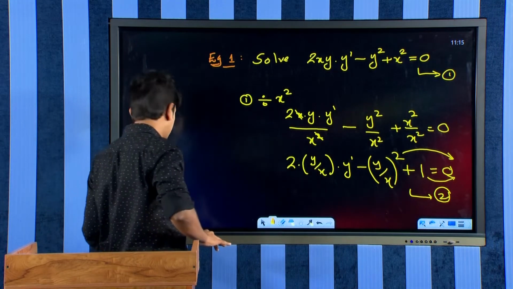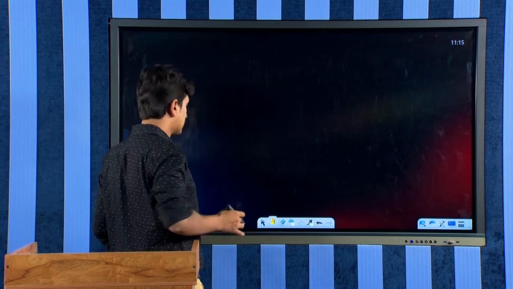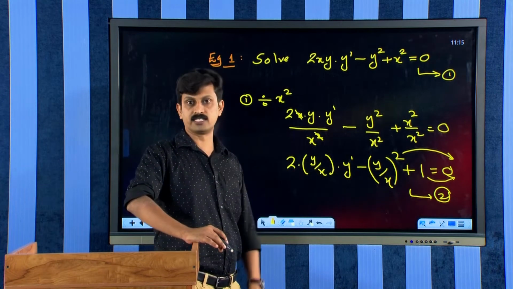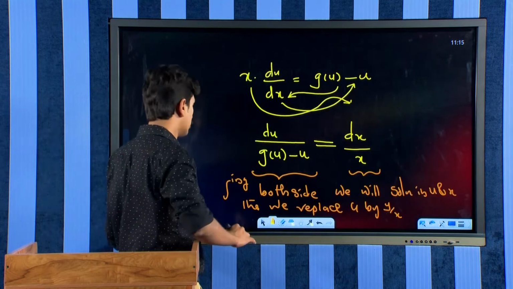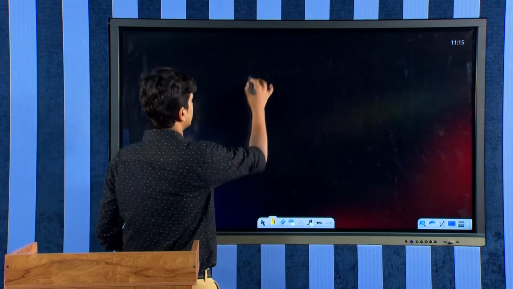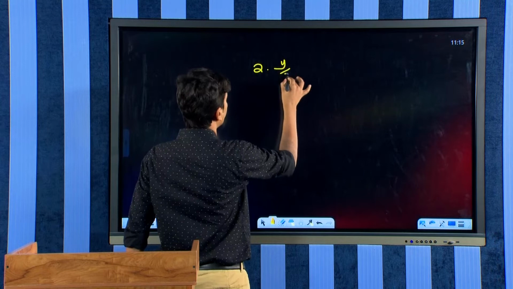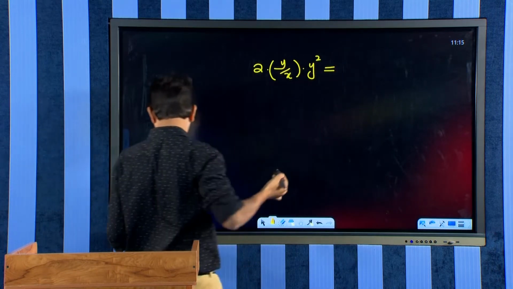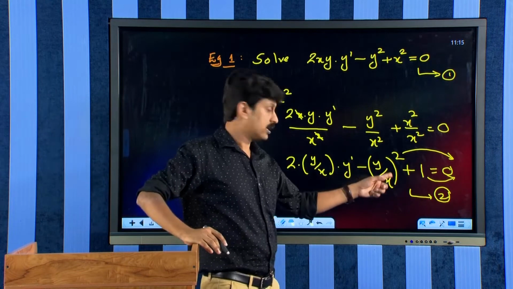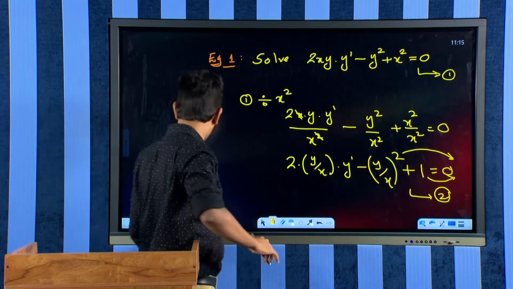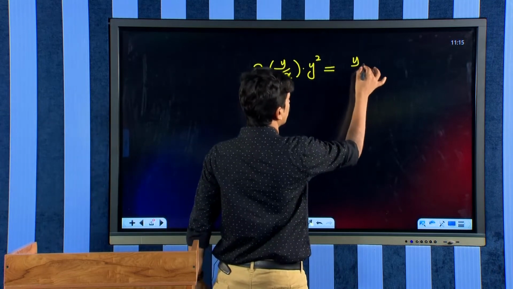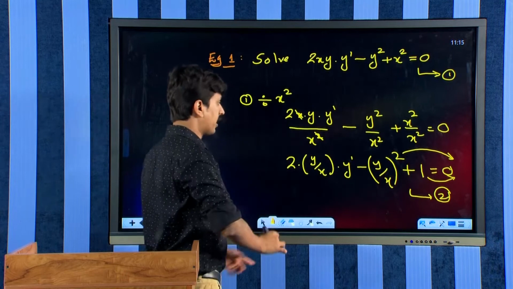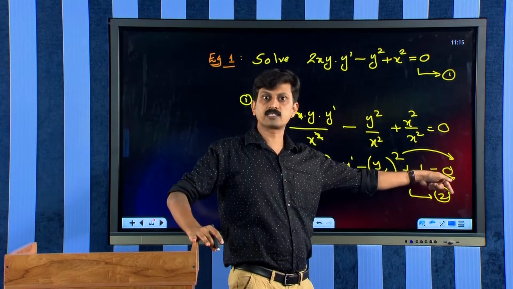So, we have 2 into y by x into y dash, which is equal to, taking y by x whole square to the other side, plus y by x whole square, and there is plus 1. While taking plus 1 to the opposite side in RHS, we will have minus 1.